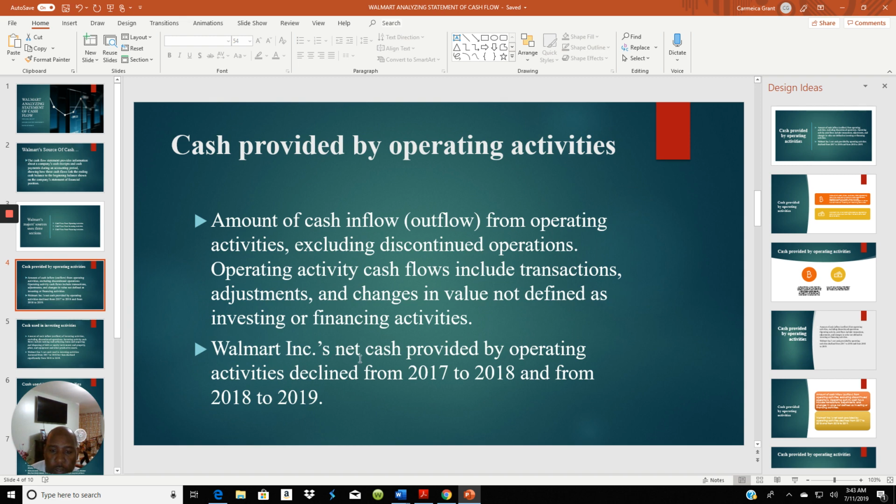Walmart's cash provided by operating activities declined from 2017 to 2018 and from 2018 to 2019.